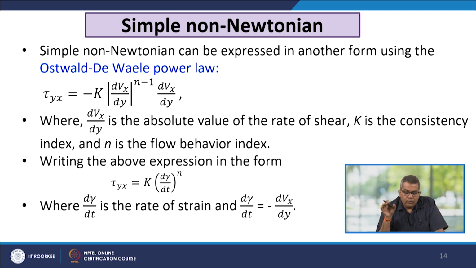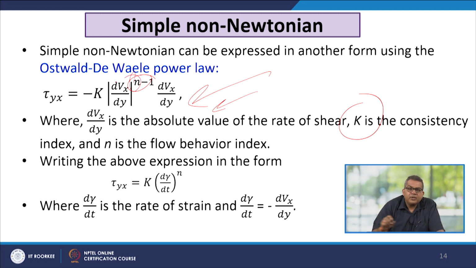Now, simple non-Newtonian fluids can be expressed in another form using the Ostwald-de Waele power law, and this is tau yx is equal to minus k times the absolute value of dvx over dy to the power n minus 1, times dvx over dy, where the absolute value of dvx over dy is the rate of shear, k is the consistency index, and n is the flow behavior index.